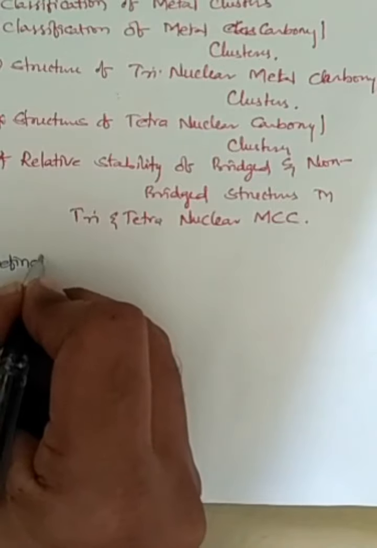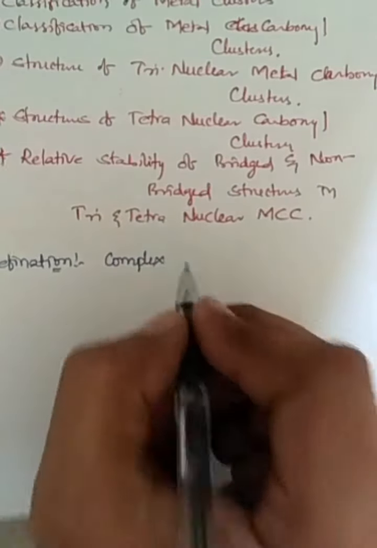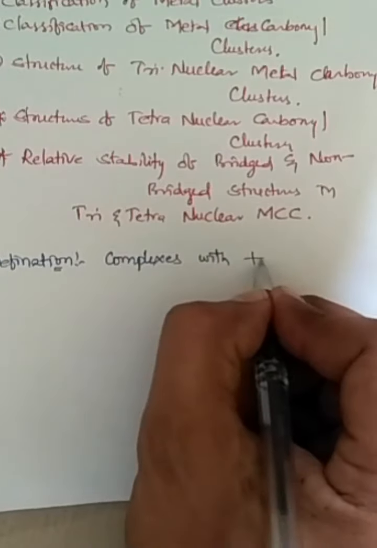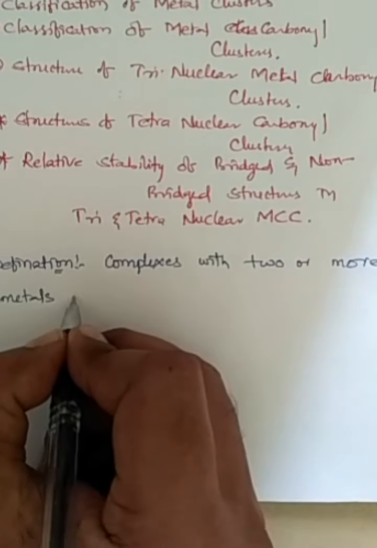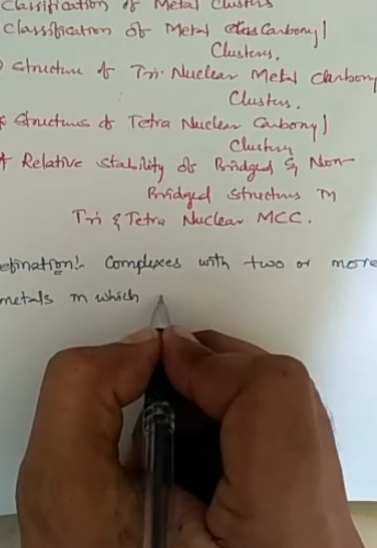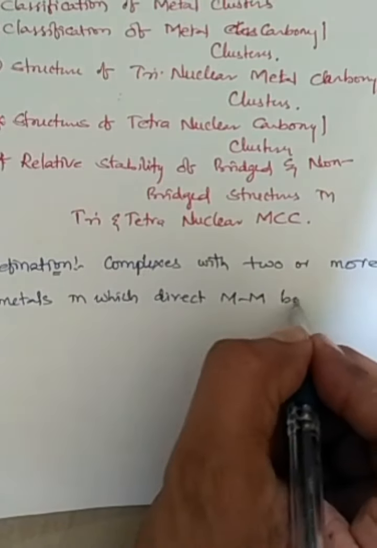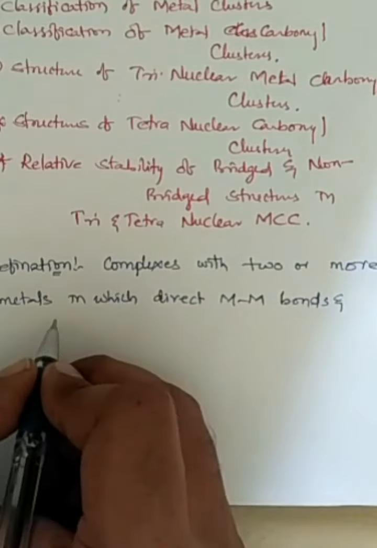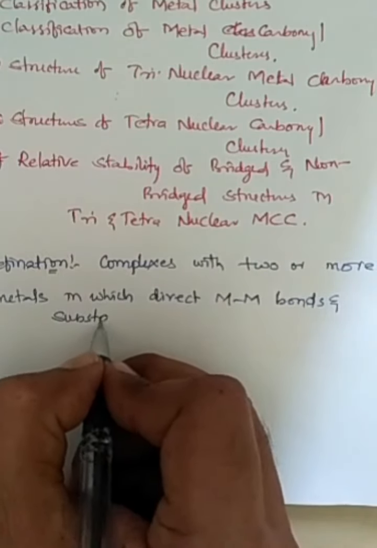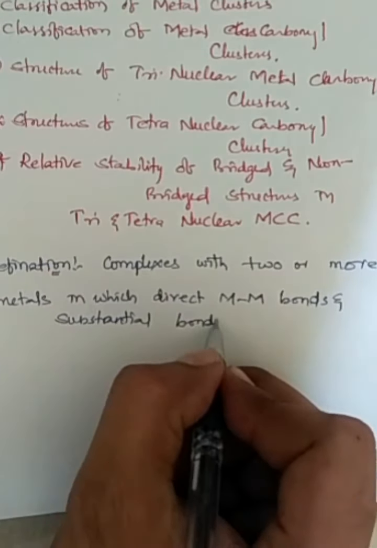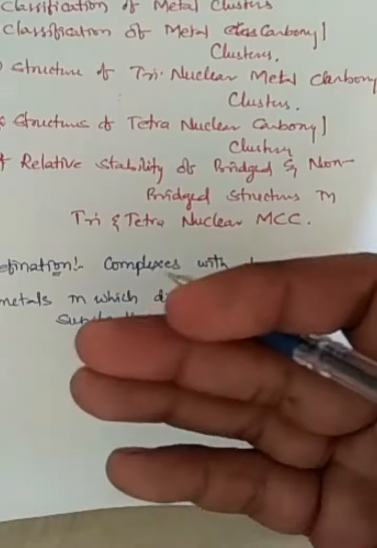Definition of metal clusters: I defined metal clusters as complexes with two or more metals in which direct metal to metal bonds and substantial bonds exist, right?